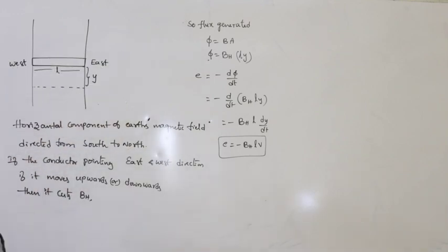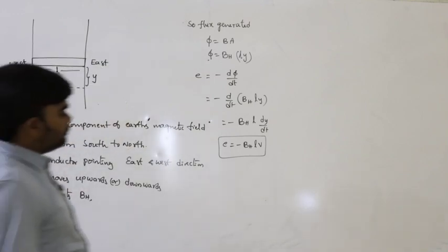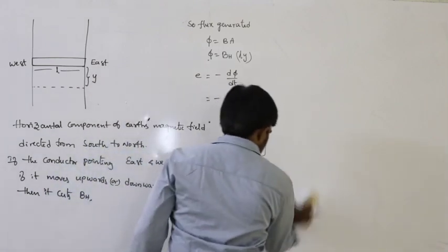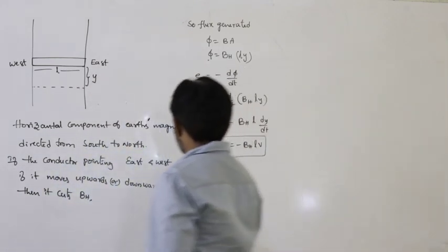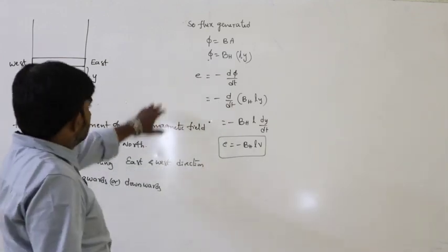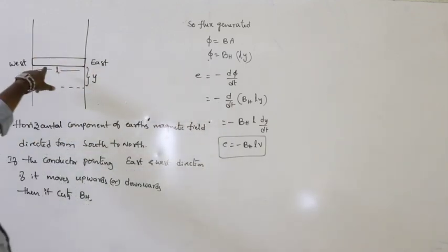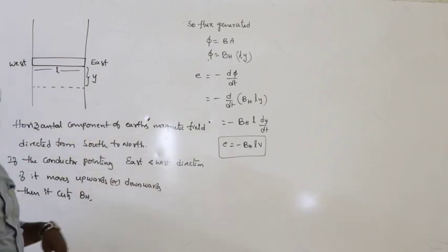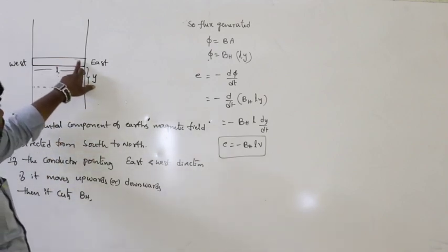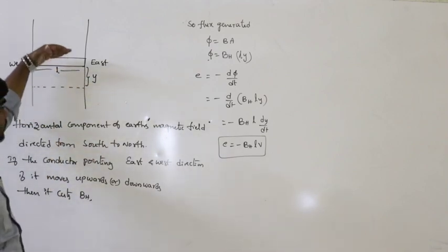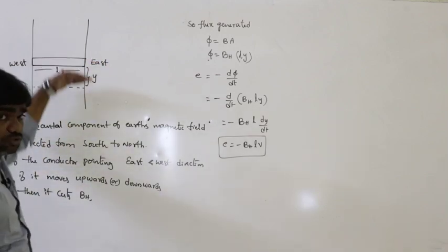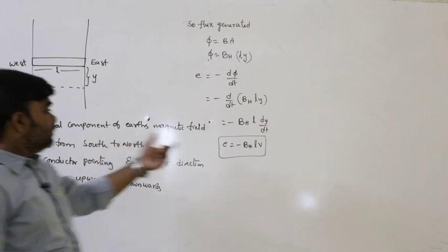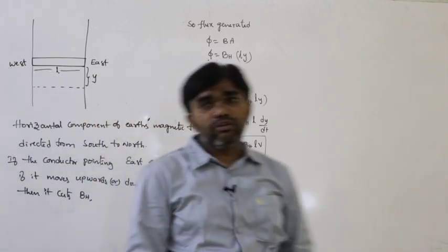So this is the induced EMF in this situation. What is the situation? If the conductor pointing towards east and west direction moves downwards or upwards, then it generates a certain amount of flux.